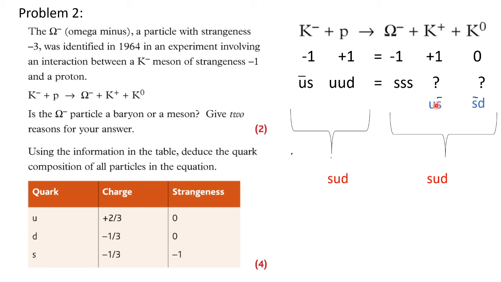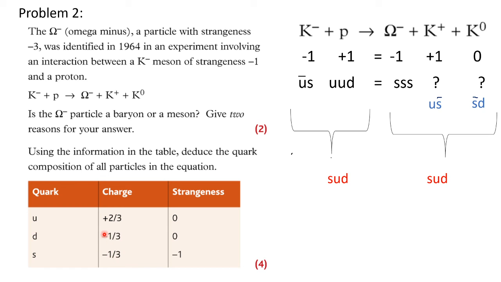right? So then you have to go for the charge detection. Now here, if you take D, the charge is minus 1 over 3. If you take S, that is also minus 1 over 3.